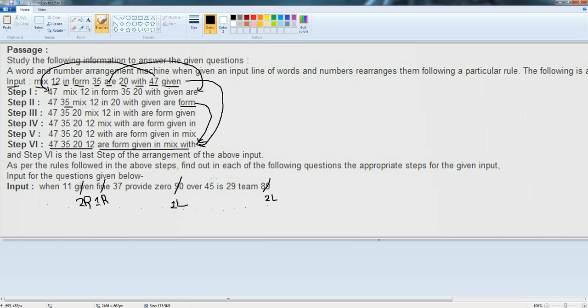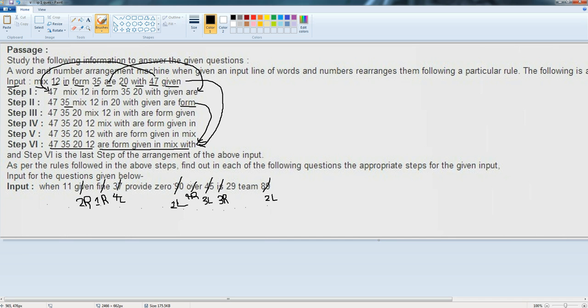In the third step, the third largest number, 45, will be moving left, so we cross it and number it 3 left, and the third smallest word moves toward the right, 3 right. The fourth largest number is 37, so it will be moving left, 4 left, and then the next word moves 4 right.